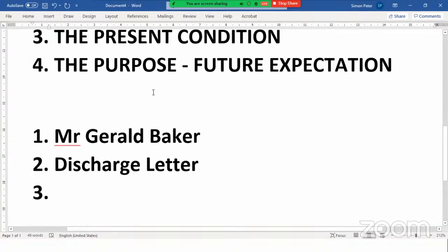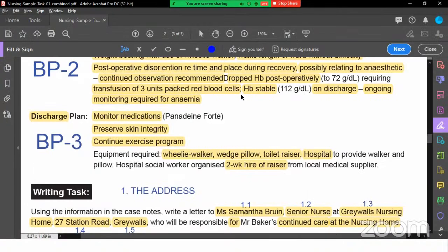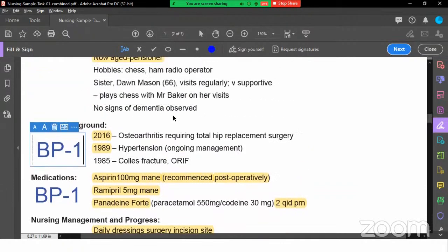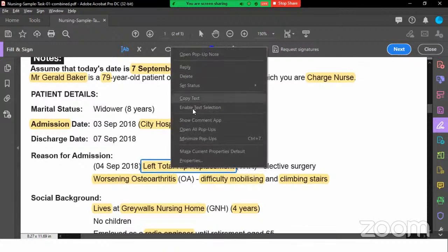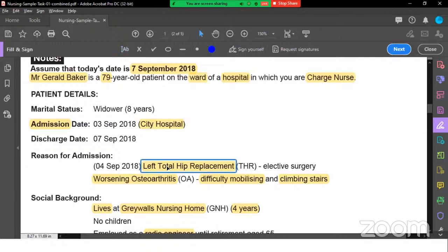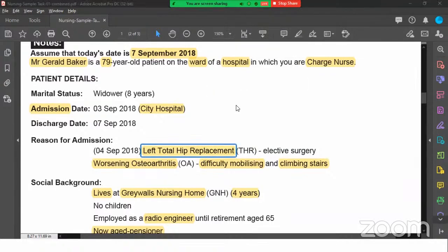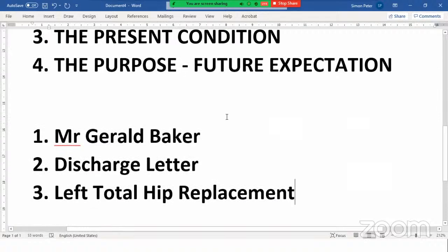Number three, the present condition. What is his condition now? The present condition is admission for total hip replacement. Left total hip replacement.